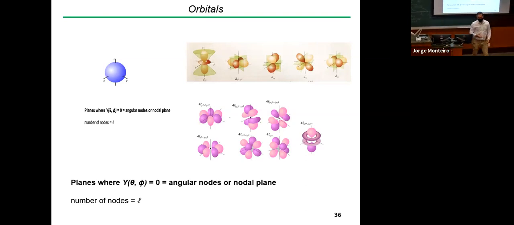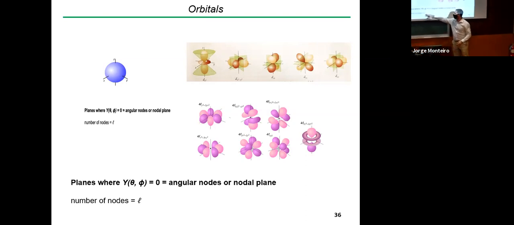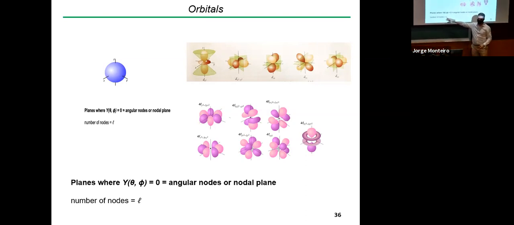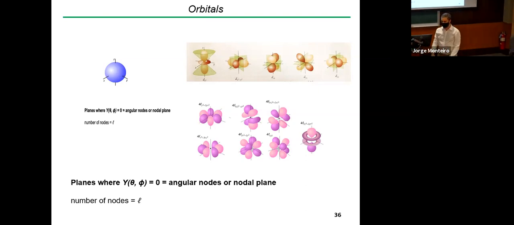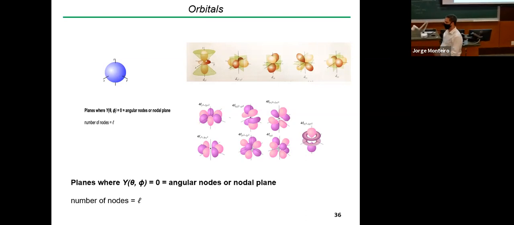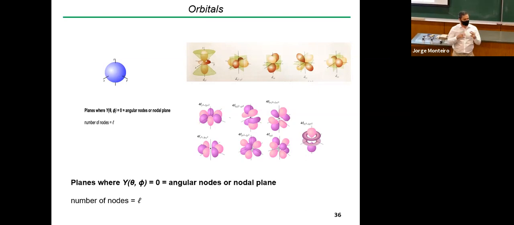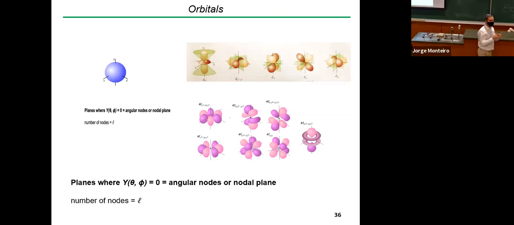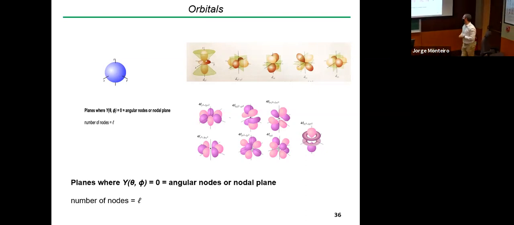To determine the number of nodal planes, you just use L. P orbital, L equals 1, therefore 1 nodal plane. D orbital, L equals 2, therefore 2 nodal planes. Those are the ones we see in the picture.